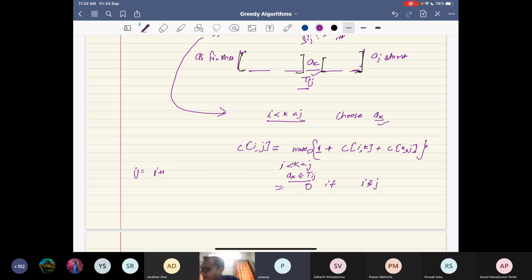Right. So I think what you want me to do, instead of this, I should say this. Okay, I agree with you. Let me write this. AK belongs to Tij. And what it means is that the start time of k should be greater than f of i, and finish time of k is less than s of j.